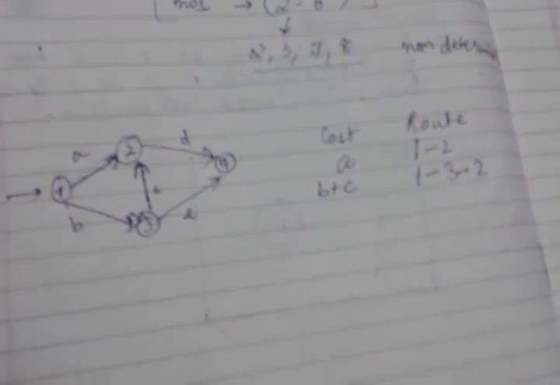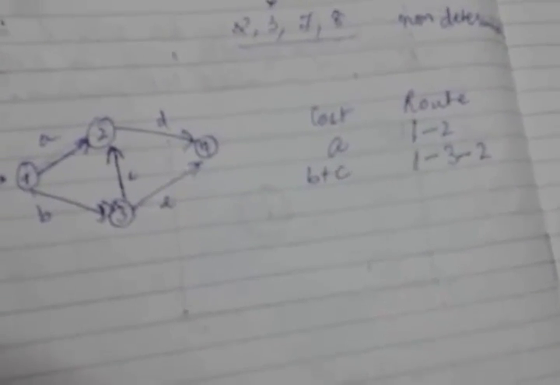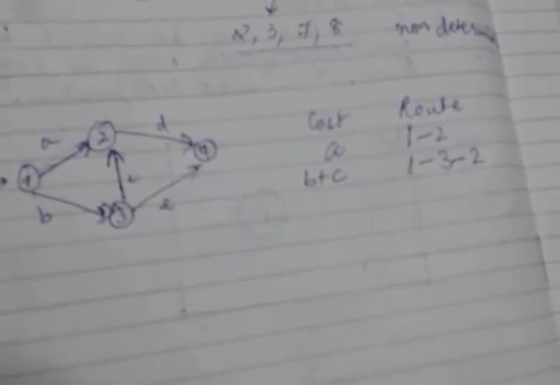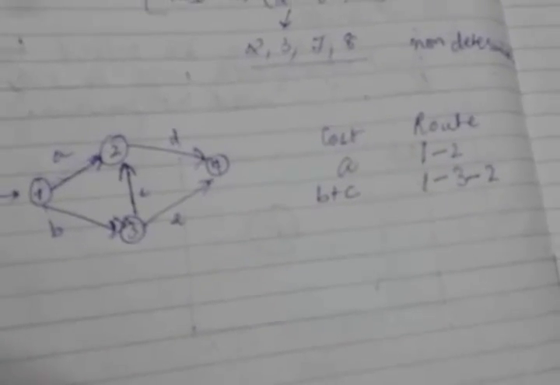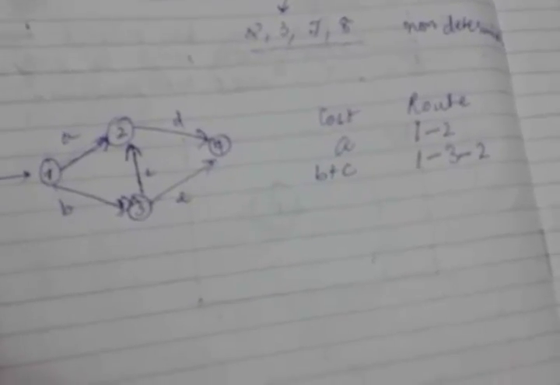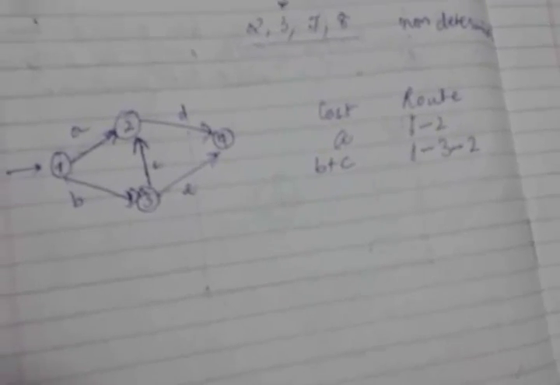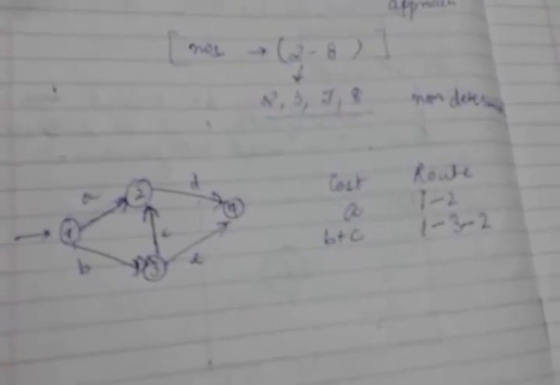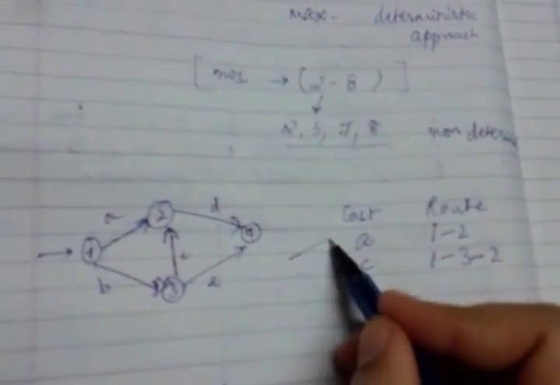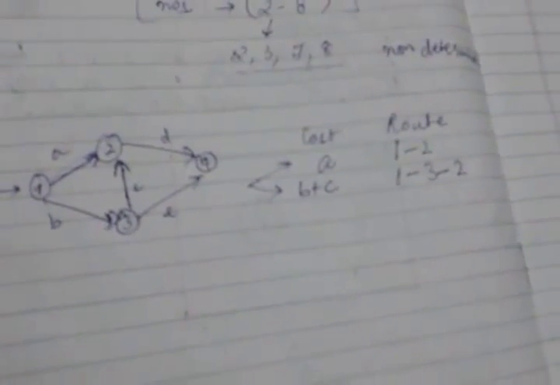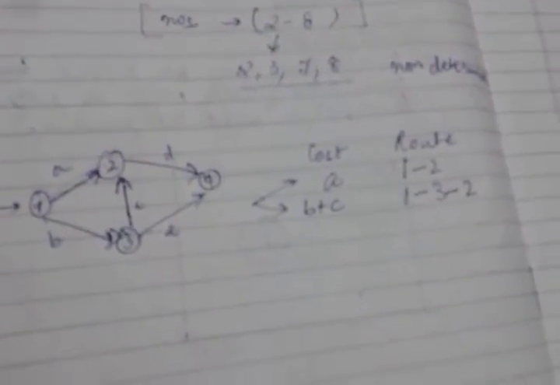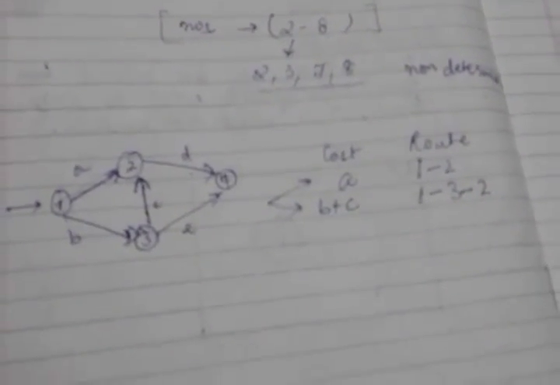The traveling salesman problem says that there's a traveler who has to visit all the cities with the minimum cost possible. So we want to minimize the cost. Now this problem has an issue because there are multiple routes possible. Deterministically, we cannot solve it, but non-deterministically, we can solve it.